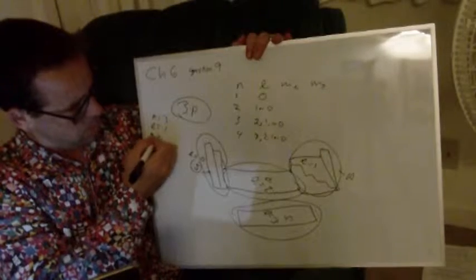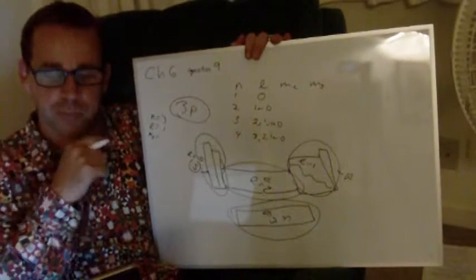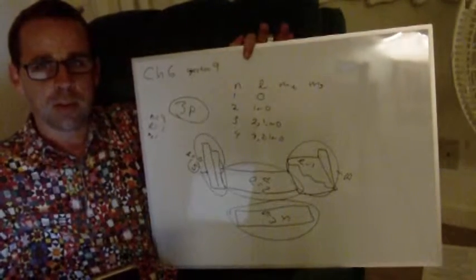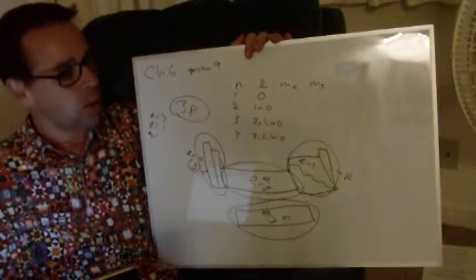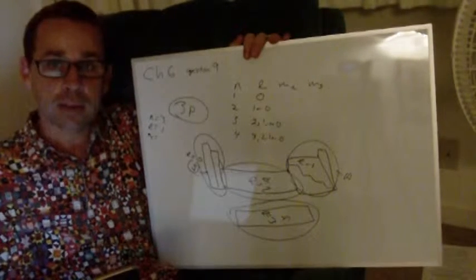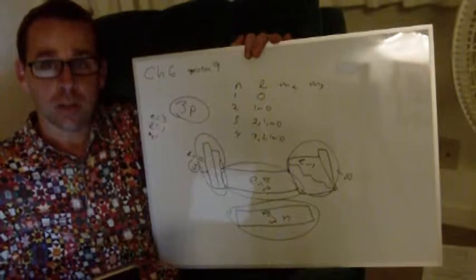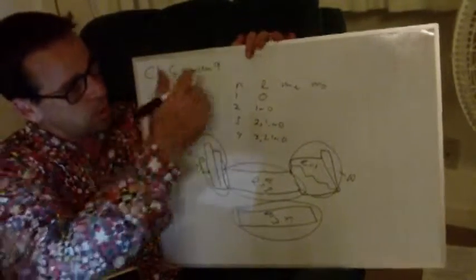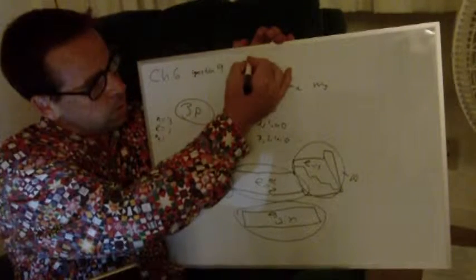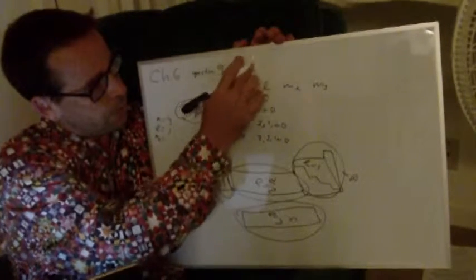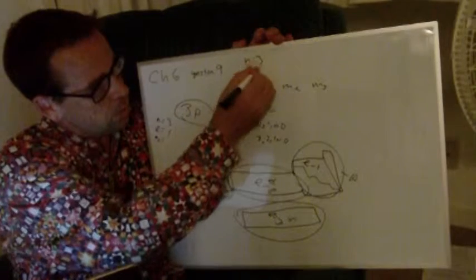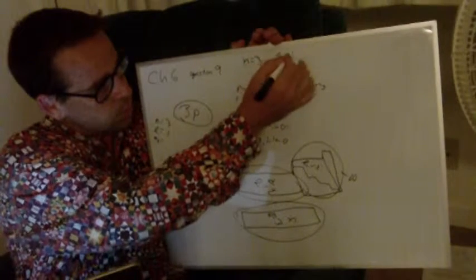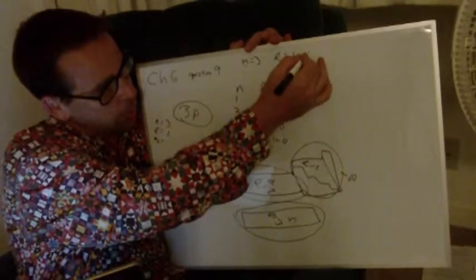m sub l. What could m sub l equal? m sub l can go as high as the l value and as low as the negative l value. So let's say I have n equals 3, l equals 1, and m sub l.